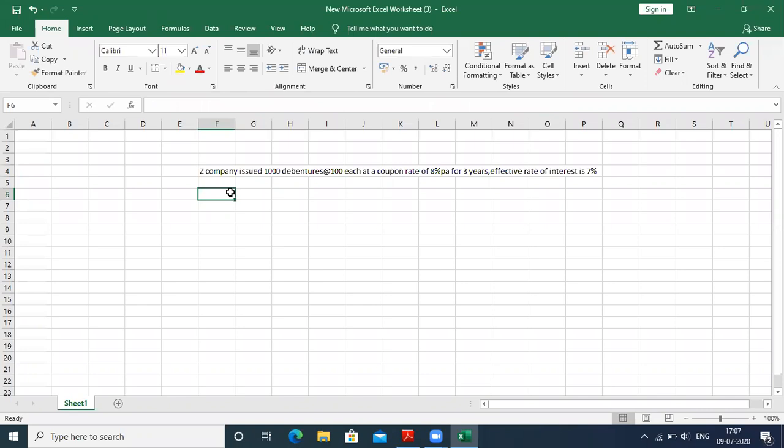The effective rate of interest, let us assume, is 7%. Now here Z company issued 1,000 debentures at 100 each at a coupon rate of 8% per annum for 3 years. It means after 3 years, this debenture amount should be repaid or redeemed. And the effective rate of interest is 7%.